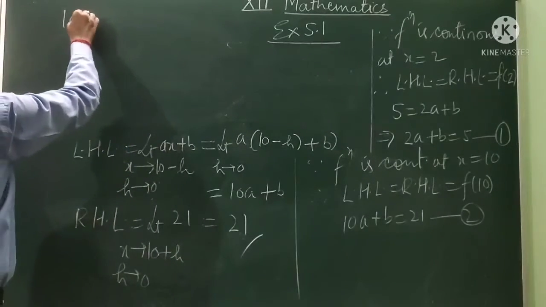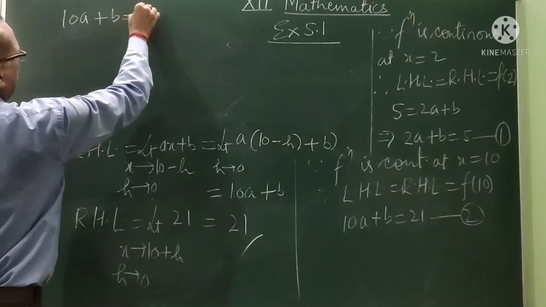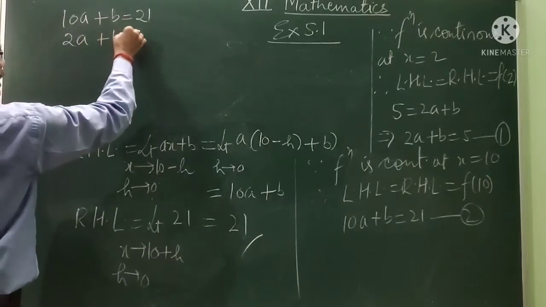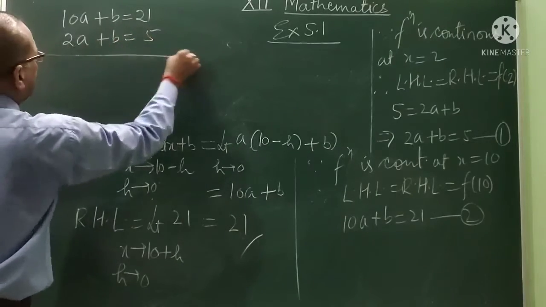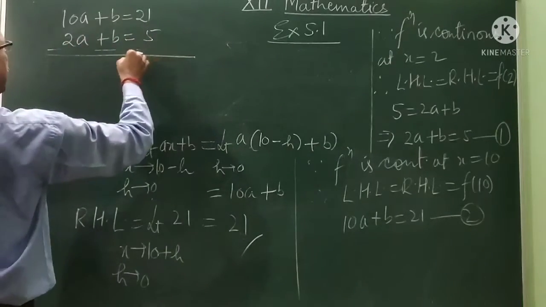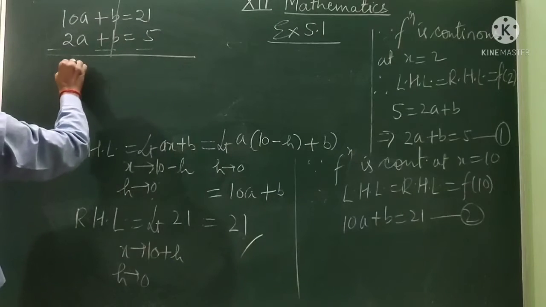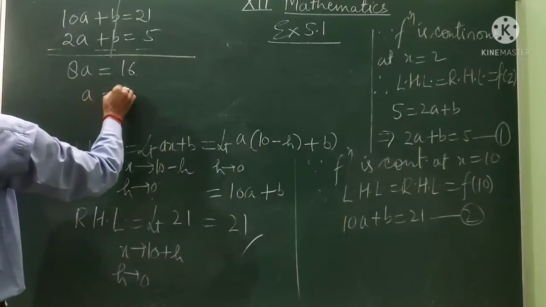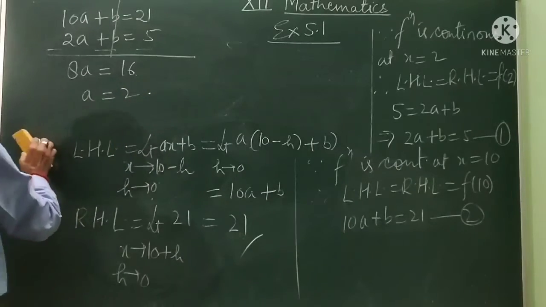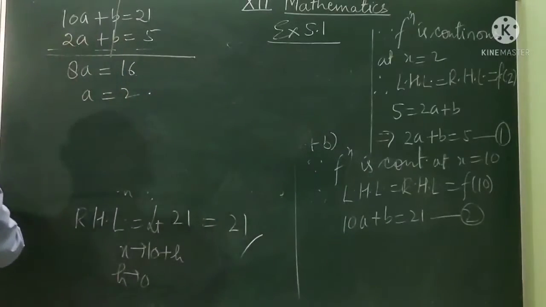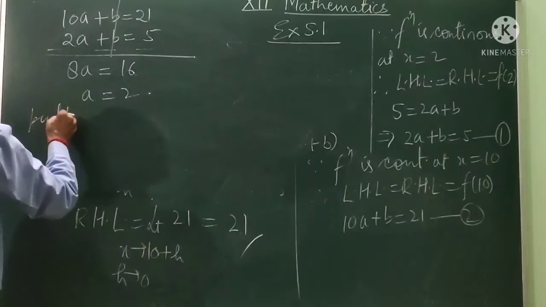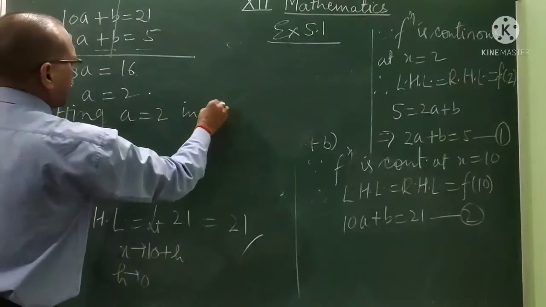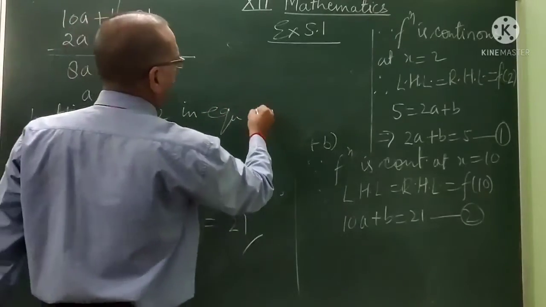It is 10a plus b is 21 and 2a plus b is 5. On subtracting, b cancels. 8a equals 16, then a equals 2. We can put the value of a in any of the equations. Here I am putting a equal to 2 in equation 1.